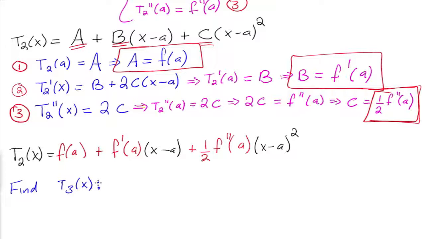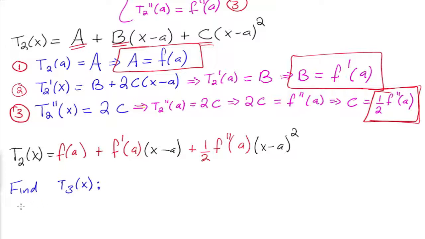Third derivative, right? And an x minus a to the third, right? But can you tell me the number that's going to be in front? It's not quite there yet, right? Can't really see it yet.